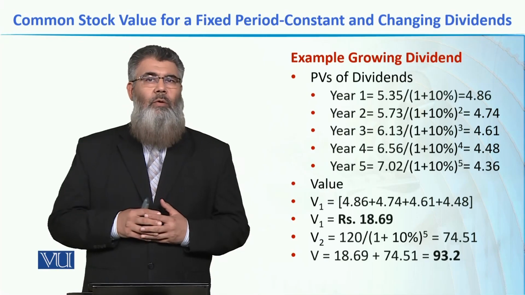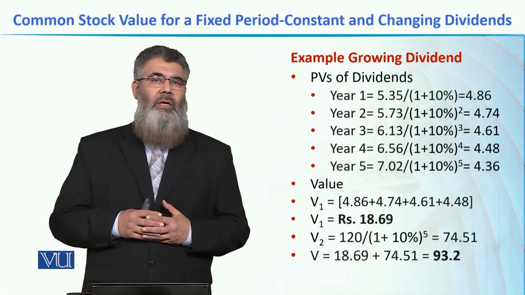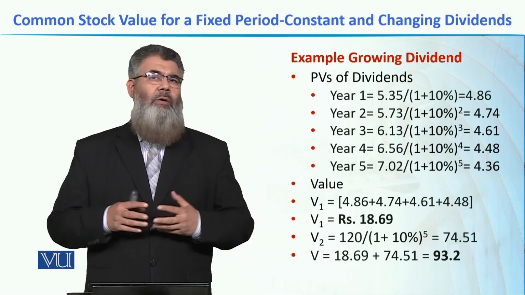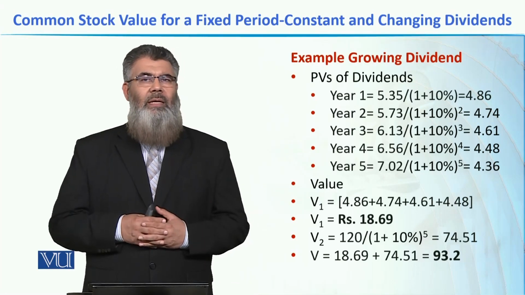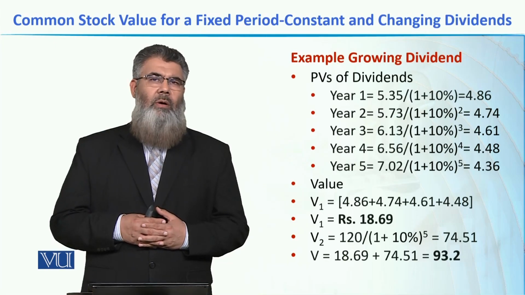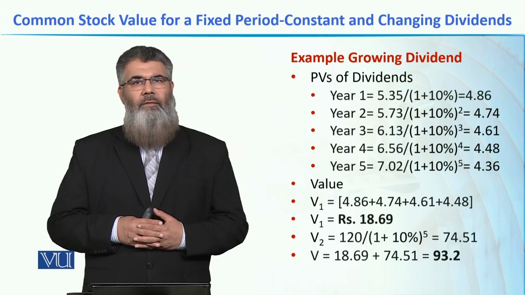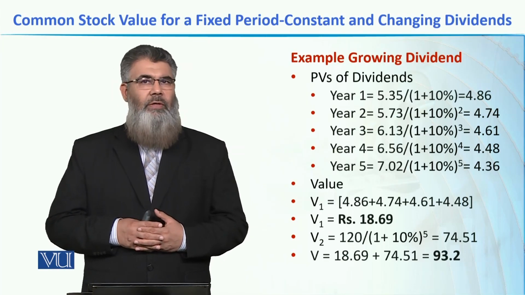The only scenario when we will not purchase this stock is if the price is greater than this intrinsic value. And this is the principle of making the decision about stocks and bonds that we have discussed in all these modules of calculation of intrinsic value.